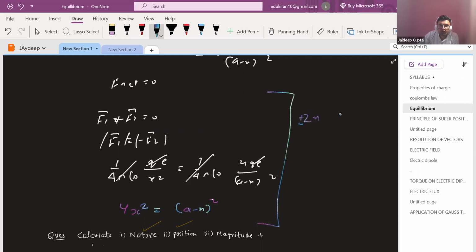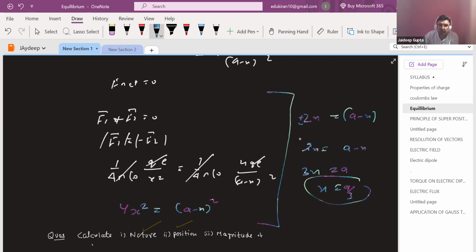We have to take the square root on both sides. So plus minus 2X equals A minus X. We can take 2X equals A minus X. So 3X equals A, so X will come out to A by 3.